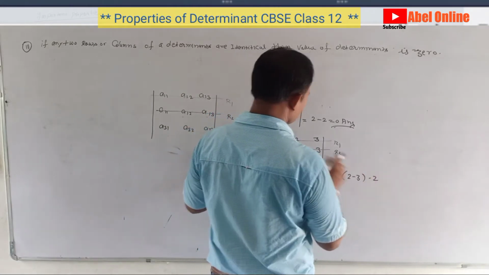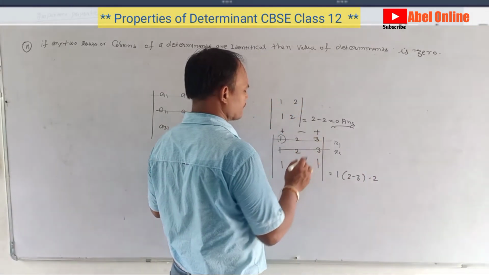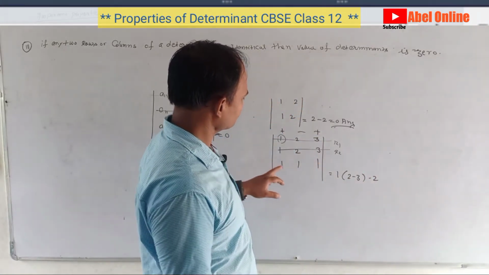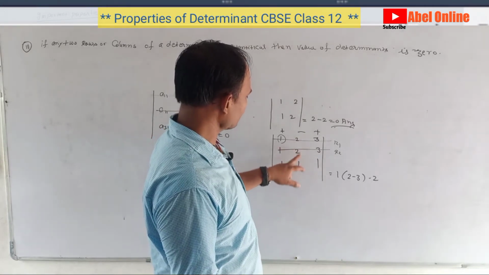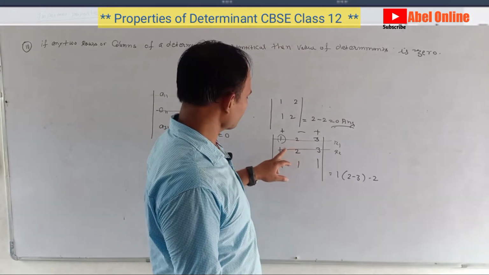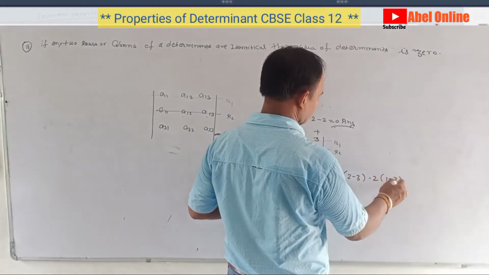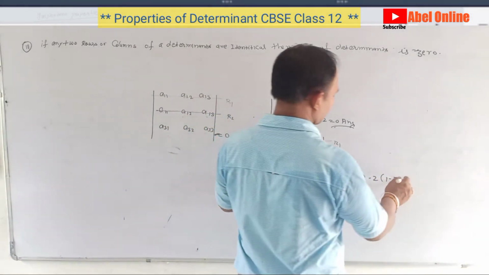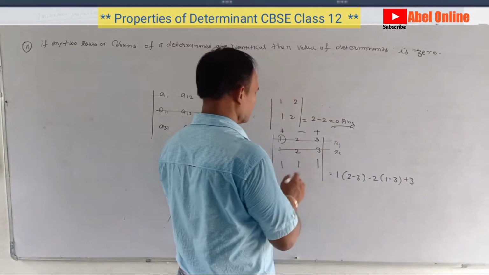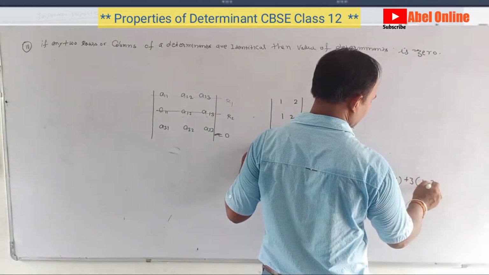Now for the second term we take minus, since the signs are plus, minus, plus. So it is 1 minus 3, which is minus 2. Now it is plus 3, and what about here, 1 minus 2, which is minus 1.